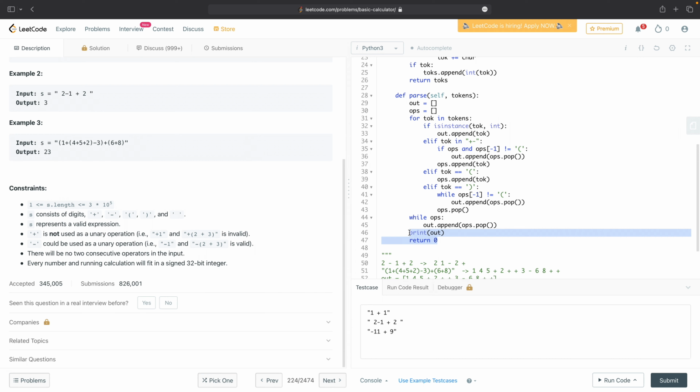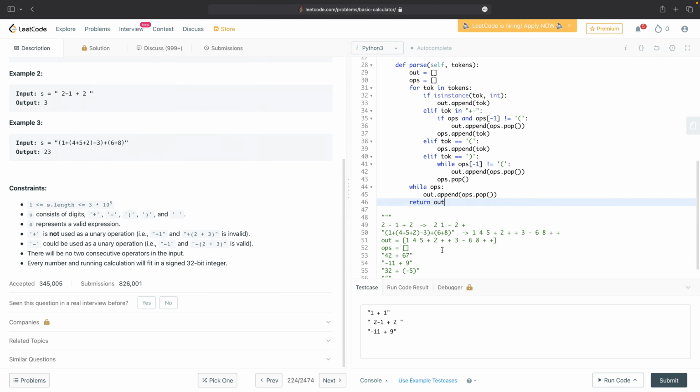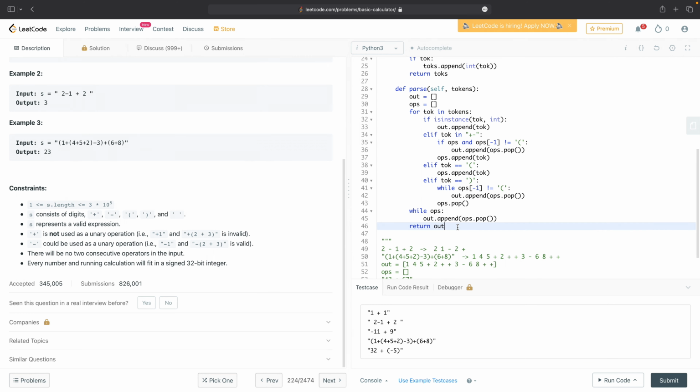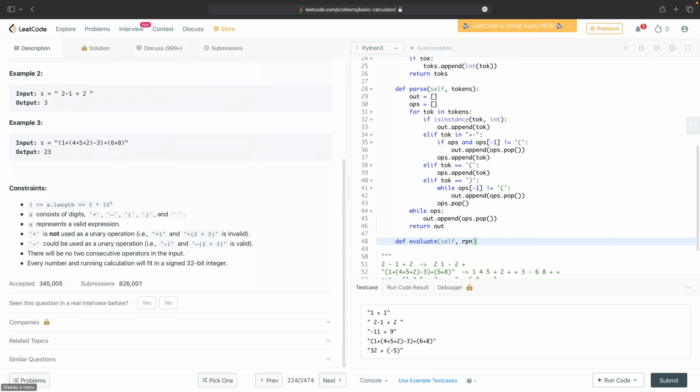So here I want to return out. Let's put this example back in because I want it, and I also want this one, because these should now all parse correctly, and def evaluate self RPN, and this is going to return 0 for now.